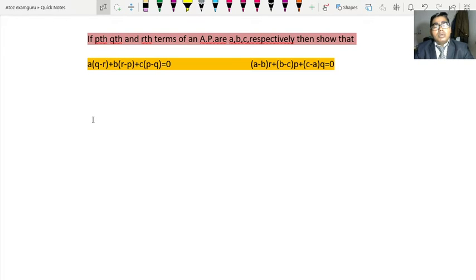So let us see. To find the pth term, let us first assume two things.